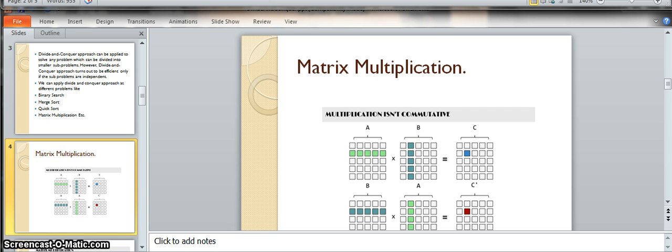As shown in the diagram in the presentation, if we multiply matrix A with matrix B, the resultant matrix is C. If we multiply matrix B with matrix A, the resultant is C dash. It is not necessary that C and C dash are equal.